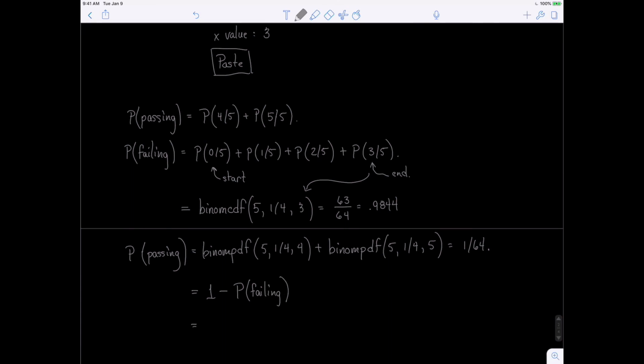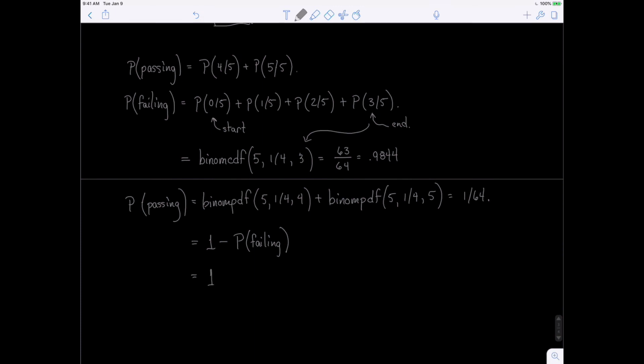If you wanted to run that through your calculator, you'd type 1 minus binom CDF 5, 1/4, 3, and then hit math and fraction, and you should come up with 1/64. And so you have 2 ways now of calculating that, using your binom CDF functions.